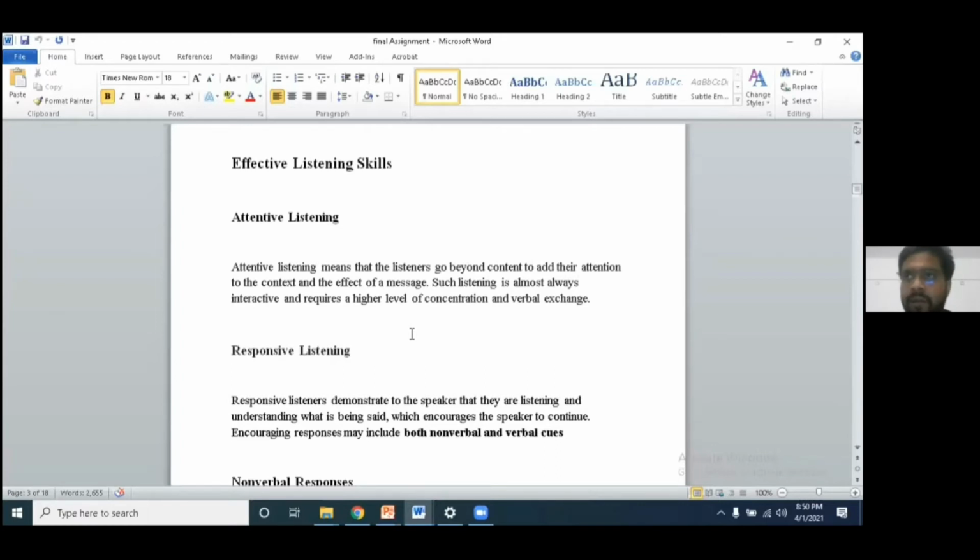If you understand, please say it. If you understand, please come ahead and write it down on the board, or write it down in your handbook. That kind of listening is called responsive listening. That means you have to respond.